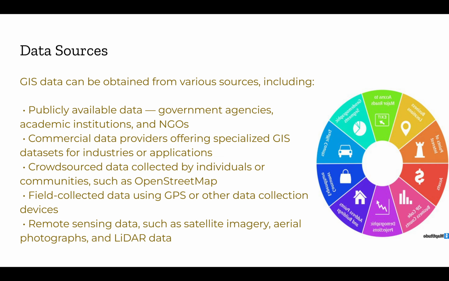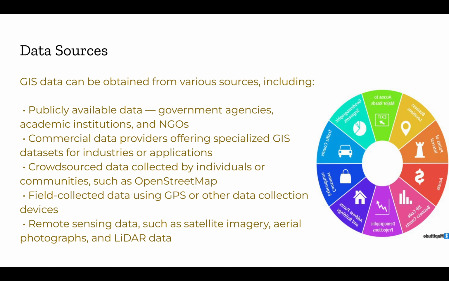Data sources. Where does all the data used in GIS come from? GIS relies on a variety of data sources to ensure accuracy and depth. These include publicly available datasets from government agencies, universities, and NGOs. Commercial data providers offer specialized datasets for industry-specific needs.